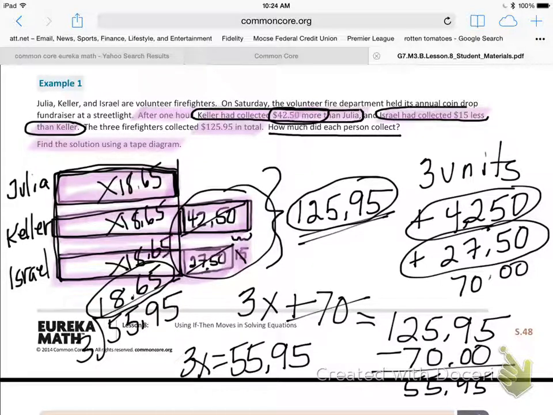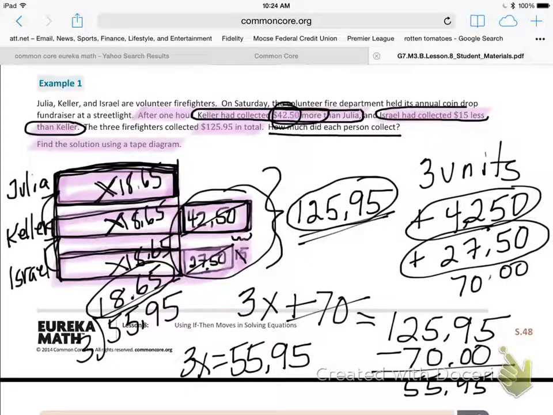Again, we compared everything to Julia because she wasn't being compared to anybody. Keller was being compared to her, and then Israel was being compared to Keller. So it just makes sense that we would use Julia as our singular unit here, our unknown, our x. And then Keller was x plus this bit, 42.50, because he made $42.50 more.